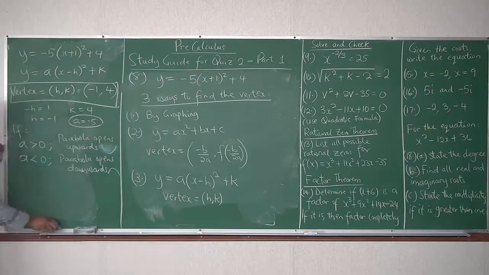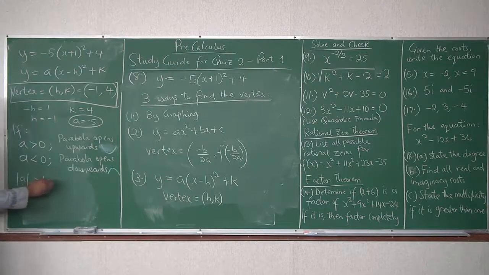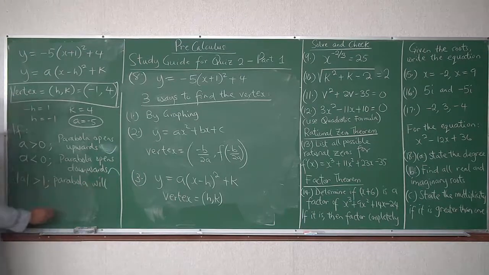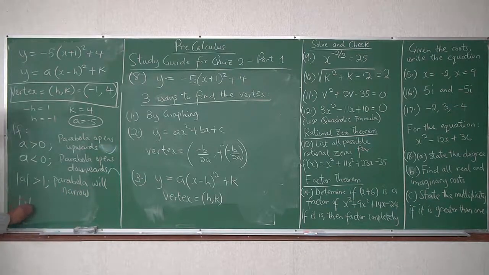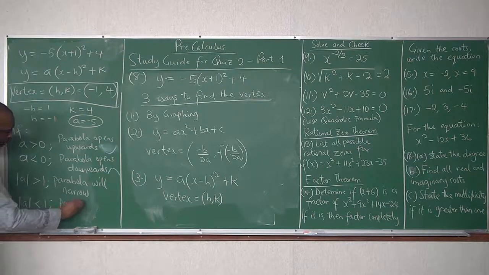The parabola will open downwards. If the absolute value of a is greater than 1, that means that the parabola will narrow. And if the absolute value of a is less than 1, then the parabola will widen.